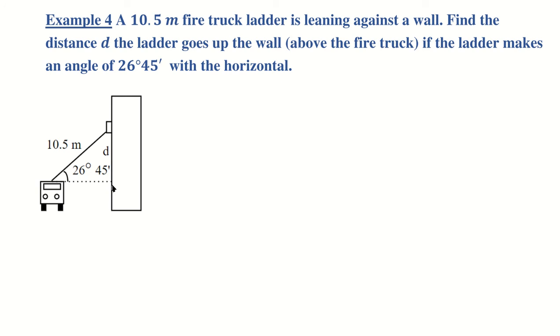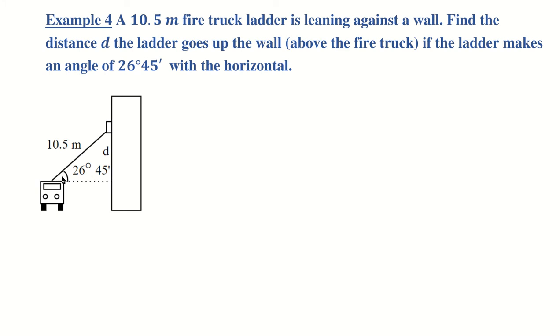All right, so how do we find d, this distance? Because remember, we want to know how far the ladder goes up the wall above the fire truck, right? So we're only asking for this distance, not from the ground, right? So if we could find that if we knew the height of the fire truck, right?